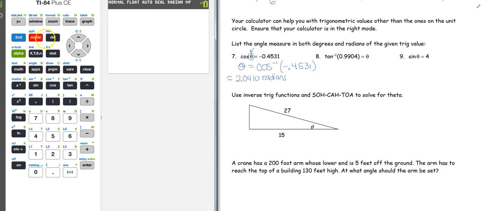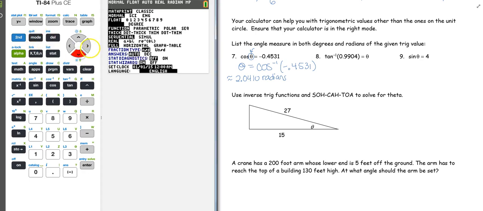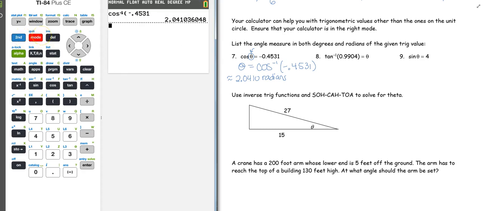So what I'm going to do is hit mode, and arrow over. I'm going to highlight degree and hit enter. That's going to change my calculator from radian mode to degree mode. I go back to my home screen, so I hit second mode for quit. Hit second, enter, and all that did was recreate that exact same problem I just did, so I don't have to retype anything.